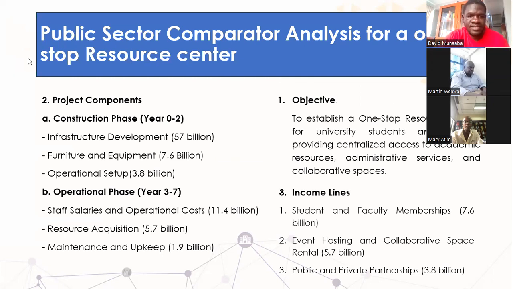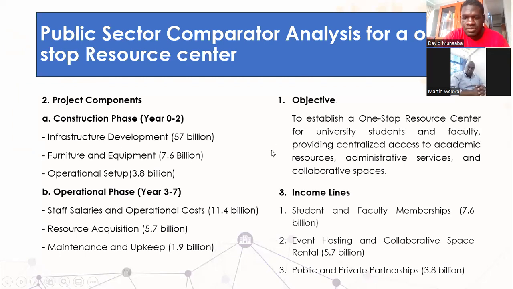Thank you very much, Martin. We've done a public sector comparator analysis for 2 projects. The first one is a one-stop resource center. This project is to establish a one-stop resource center for university students, providing centralized access to resources and administrative services and collaborative spaces.